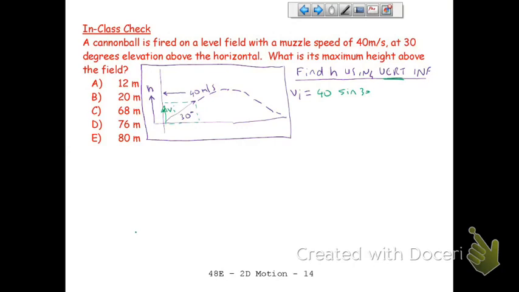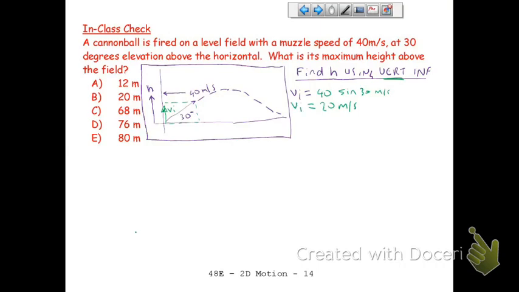Some people hate to leave it in this form. Some people love to leave it in this form. It doesn't matter. There's nothing wrong with saying that this equals, check you're in degrees, 40 sine 30, and I'm getting 20 on that. There's nothing wrong with putting that down as 20 meters per second.